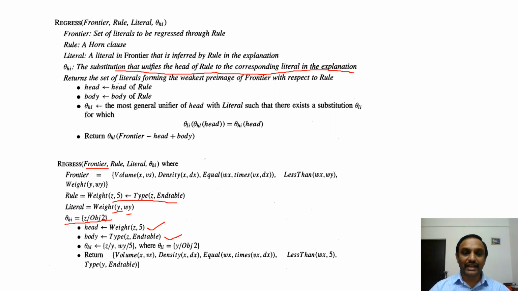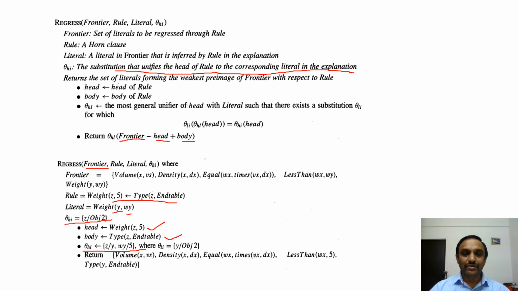Here we are taking that substitution: z with y, Wy with 5. After that we have to return. What do we have to return? You observe here, that is frontier minus head plus body.